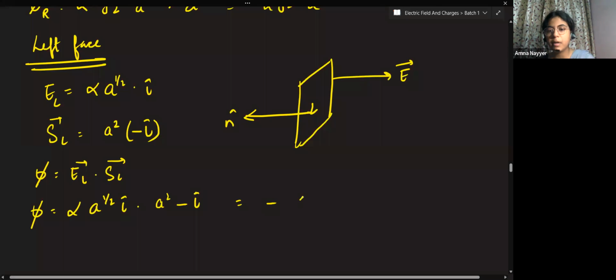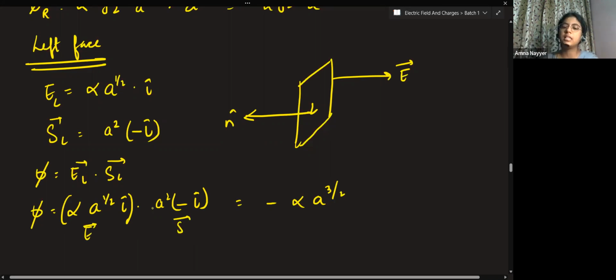So you will be having minus alpha a to the power 3 by 2. This is electric field multiplied by the surface area for the left hand side face.